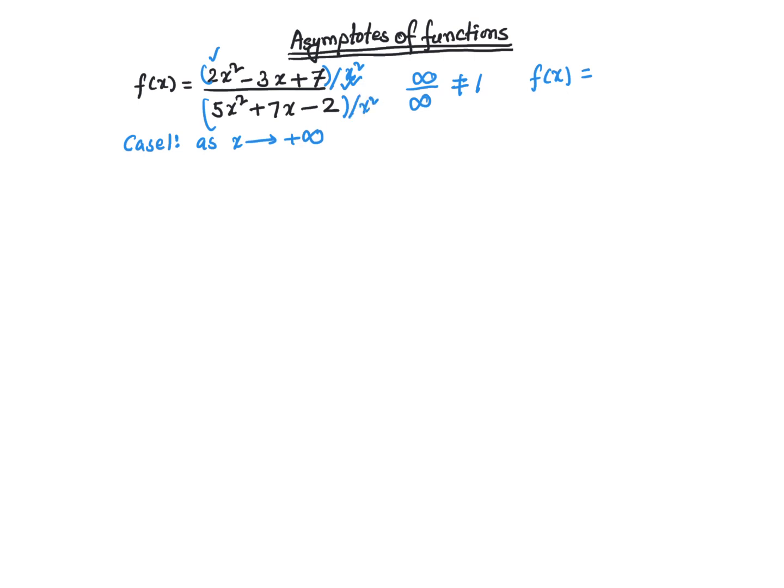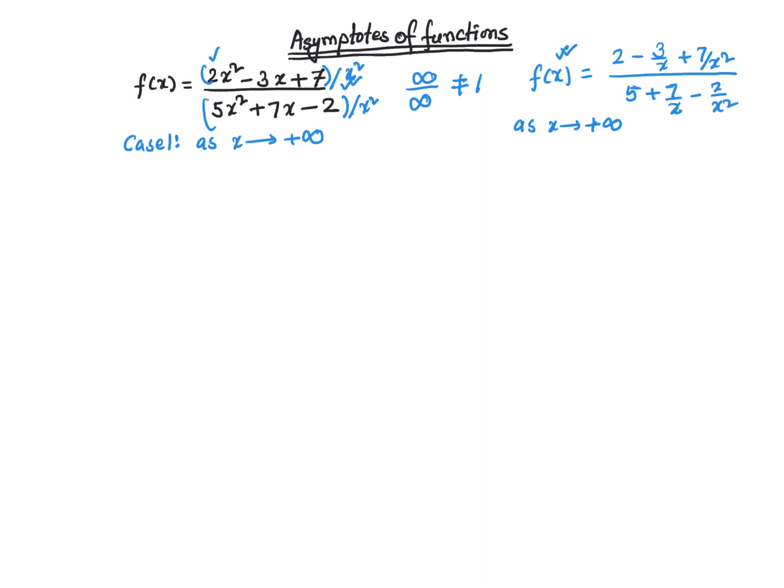In that case, what happens? In the numerator, I get 2 minus 3 over x plus 7 over x square. And in the denominator, I get 5 plus 7 over x minus 2 over x square. Now, as x approaches positive infinity, what happens to the function f of x?